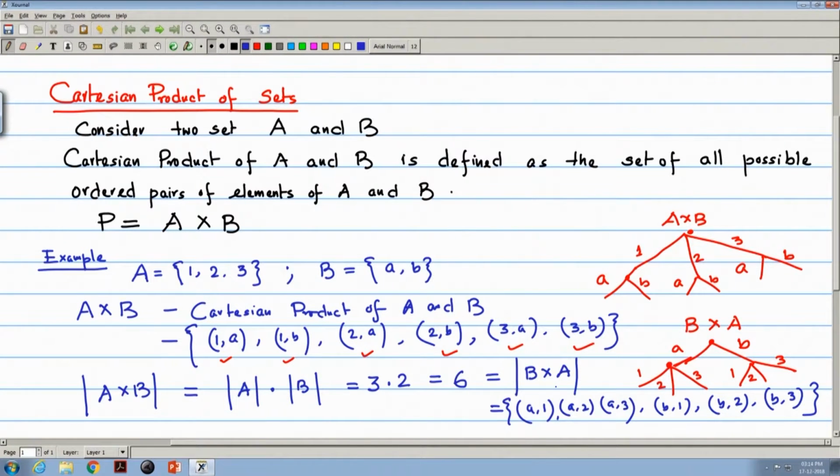So the Cartesian product A cross B is not equal to B cross A, since it is an ordered pair. Ordering matters here.